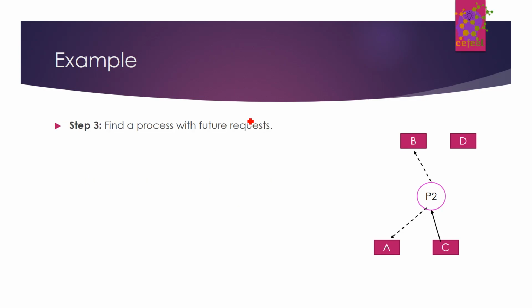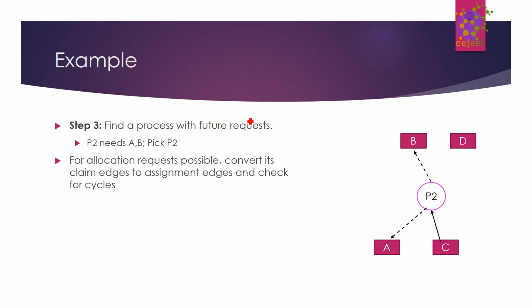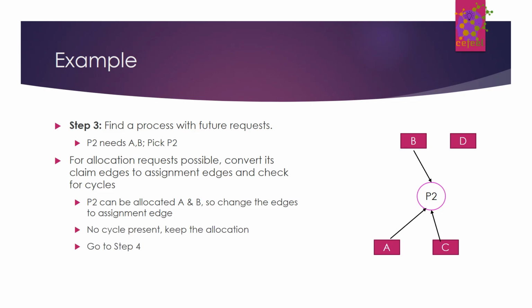In step 3 we start with P2, which needs A and B, and we can easily allocate A and B. So we will just convert the claim edges to the allocation or assignment edges. So we will have edge from B to P2 and A to P2. And notice there are no more requests and no more processes, so we can easily go to step 4.